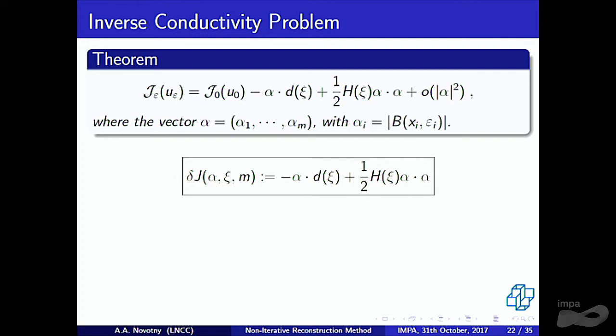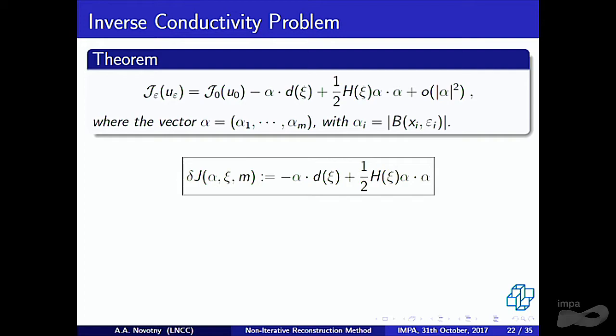So let's truncate the expansion and take a look at this part of the expansion. This we define in this way, which depends on the volume of the inclusions, the location, and the number of inclusions. Remember that small m is the number of inclusions, which is also an unknown of the problem.